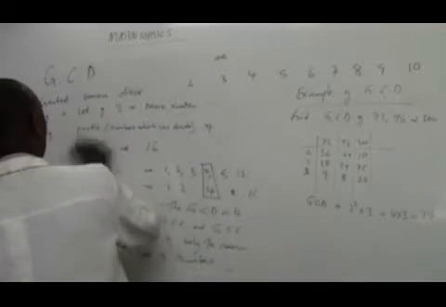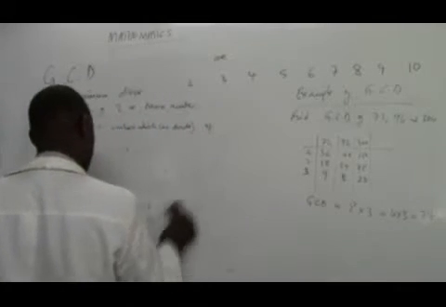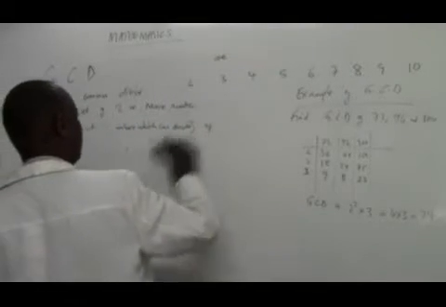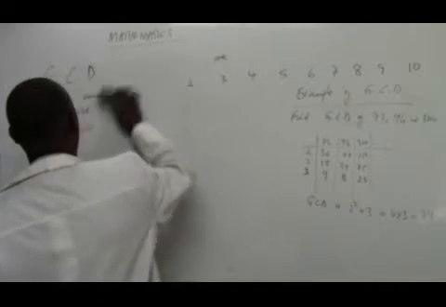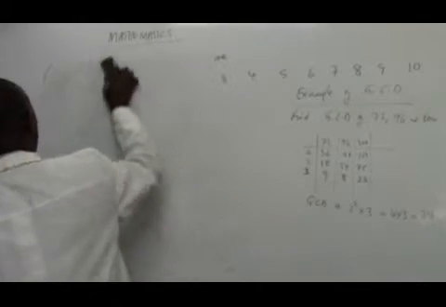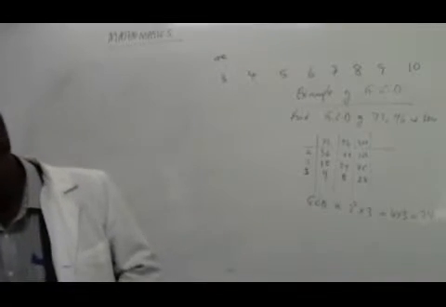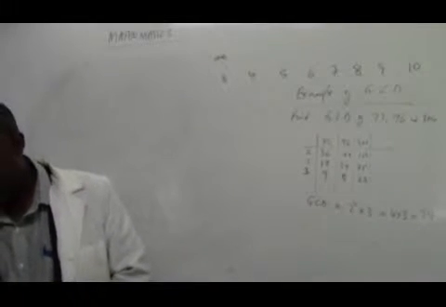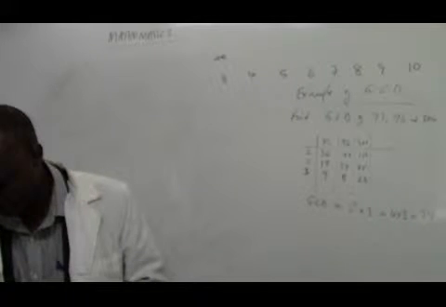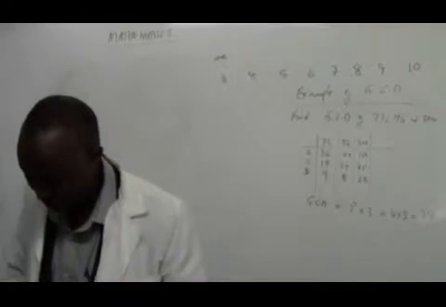We now come to something else, which we call the LCM, another very important factor. Now, if we are given a set of numbers, for example, a set of numbers like 6, 8, and 12.